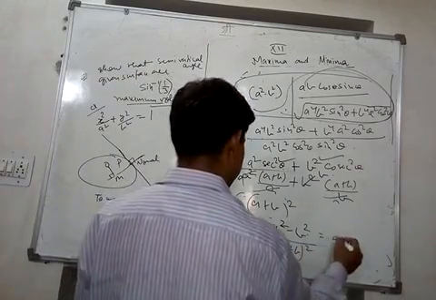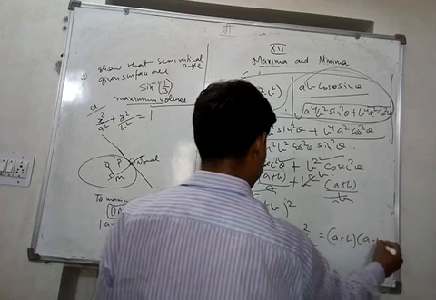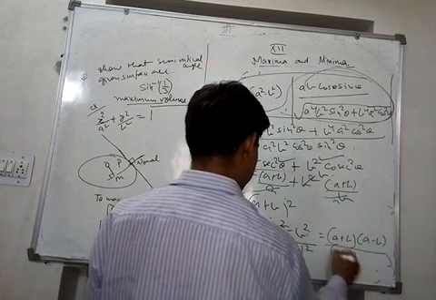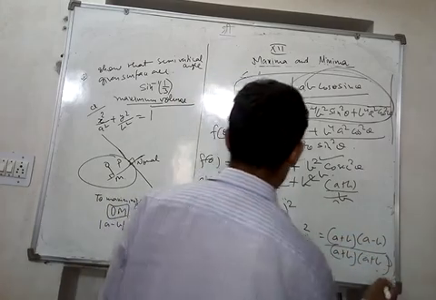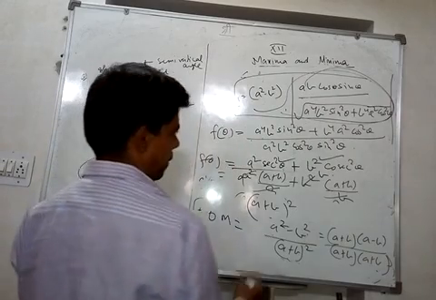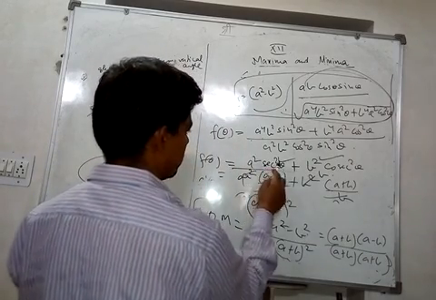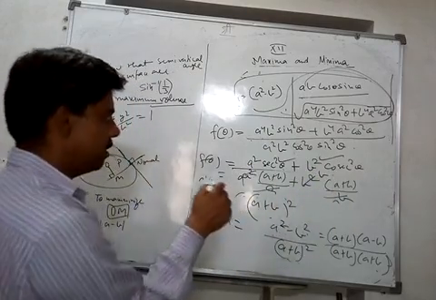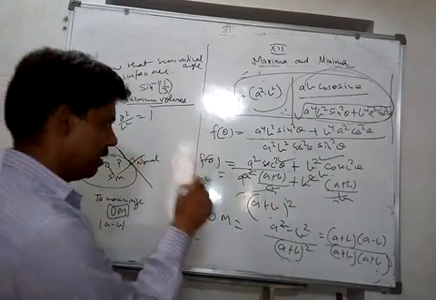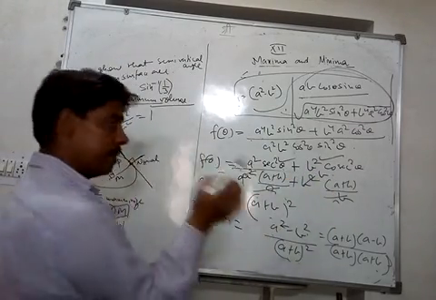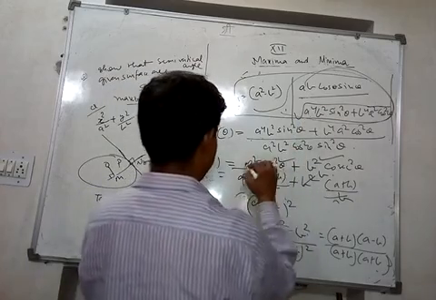So we get a plus b, a minus b upon a plus b, a plus b. So we should have got just this a square sec square theta, b square cosec square theta. One more thing, this had to be taken in square root because this was a square root term.